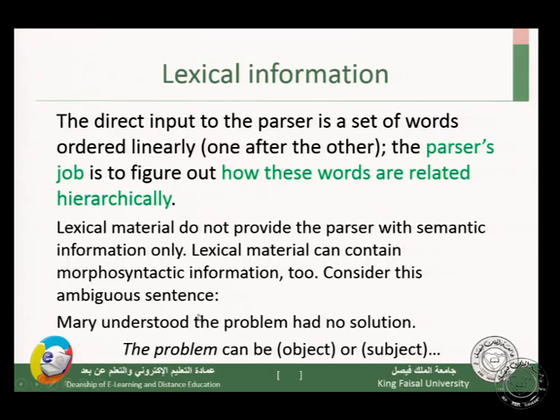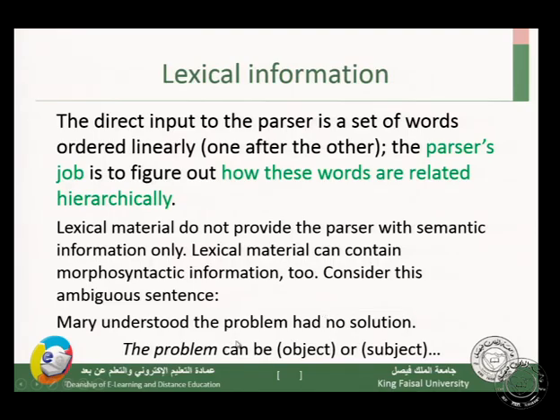Because we know that the phrase, the problem, can act either as an object or as a subject. This fact helped us understand that the sentence is ambiguous. The sentence has more than one meaning.